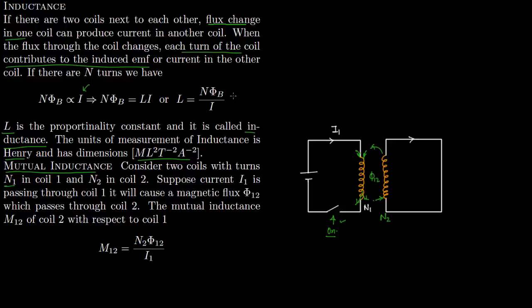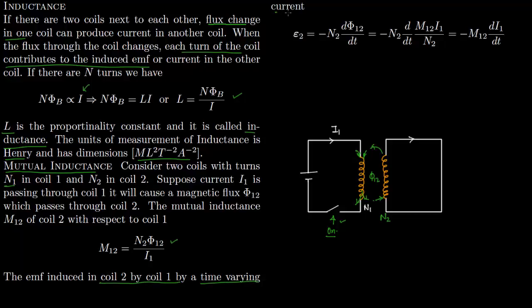We have just copied this formula down here, replacing L with M12. So this is the electromotive force induced in coil 2 by coil 1 by a time varying current. Notice that the current should be time varying. In this battery operated system, the current will be time varying only when you throw the switch on or off.